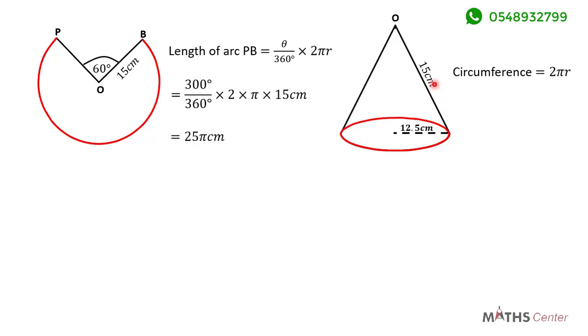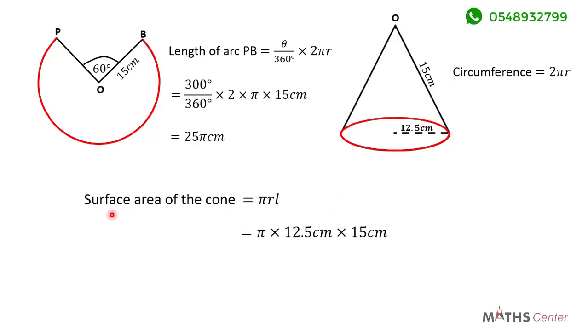We now have the slant height of the cone and the radius of the circular base. So we can find the surface area. The surface area is given by pi RL. R is the radius of the circular base, which is 12.5 centimeters, and L is the slant height of the cone, which is 15 centimeters.